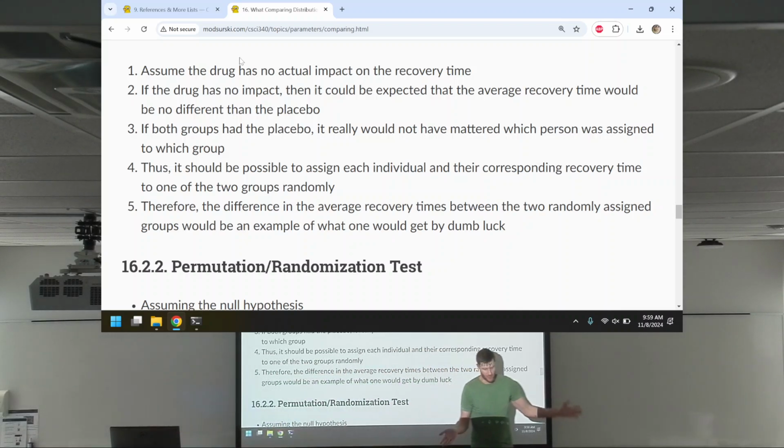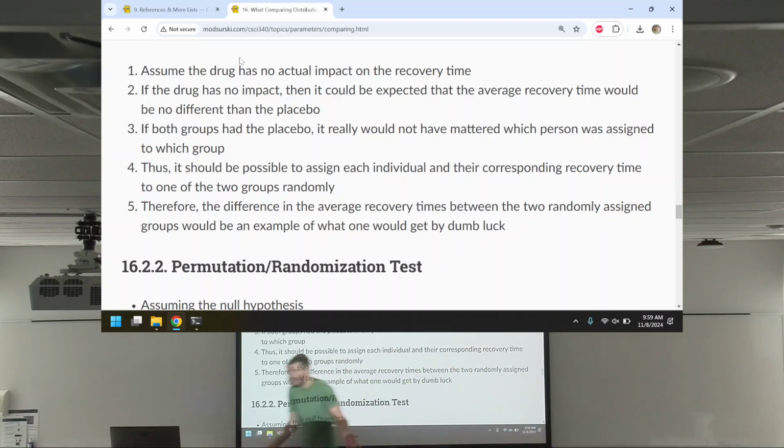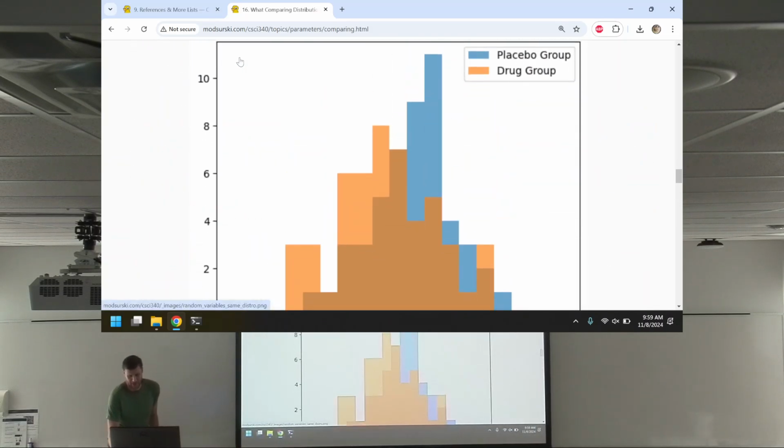If it didn't matter and I randomly assigned 50 people to one group and 50 people to another group, maybe their distributions look exactly like this. Based on my null hypothesis, this is an example of a dumb luck distribution.